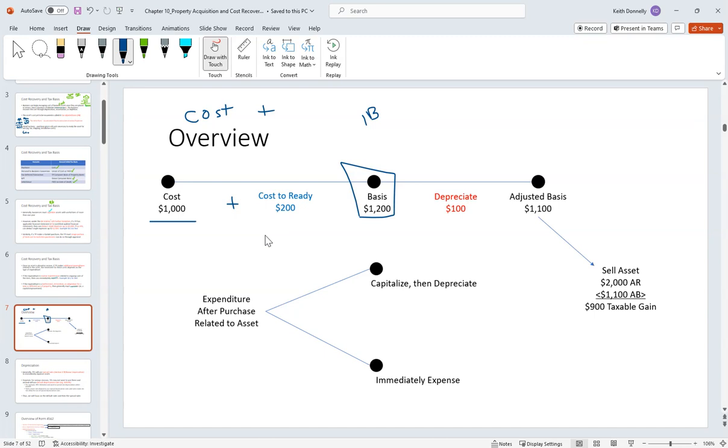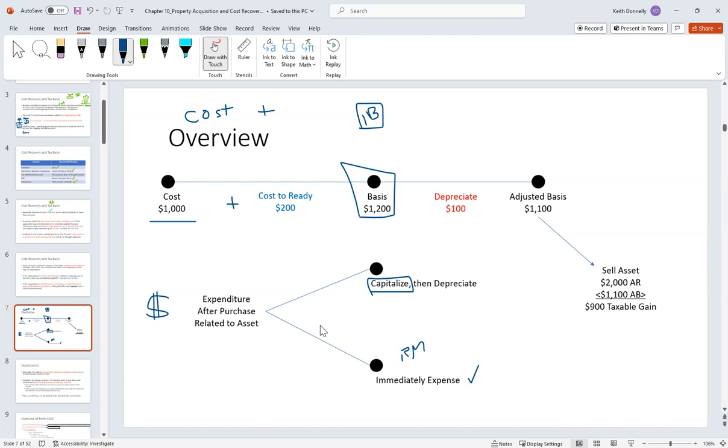of it. So, hey, let's say we buy an ice cream machine. We pay 1,000, we pay 200 for shipping and sales tax and all these other things. Our initial basis is $1,200, okay? If we throw money into it afterwards, we need to distinguish, hey, is this routine maintenance that's immediately expensed, or is it a capitalized improvement that will depreciate separately?